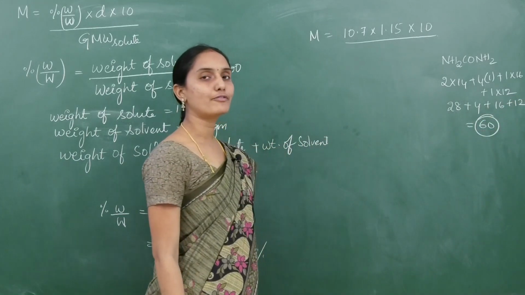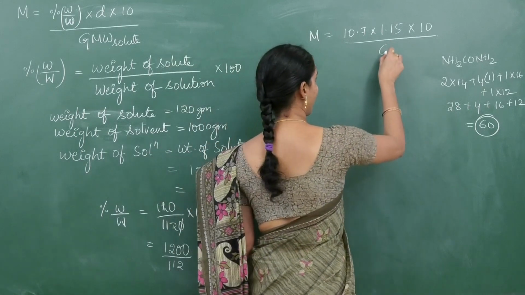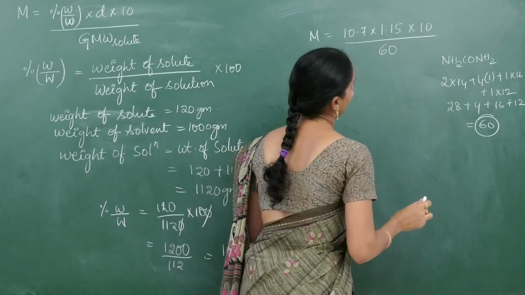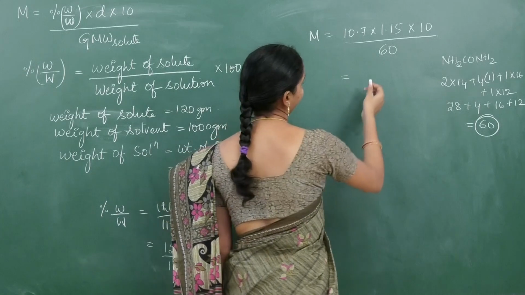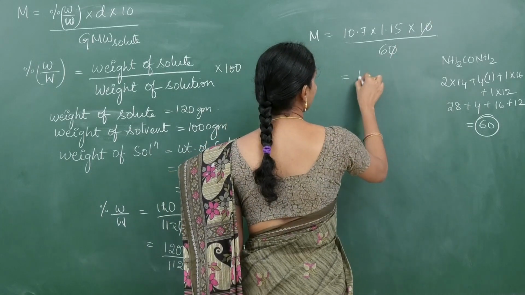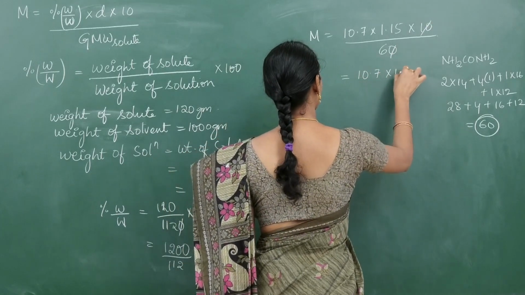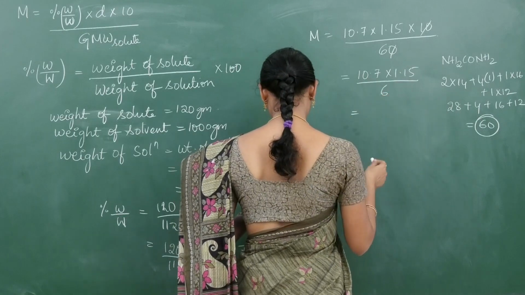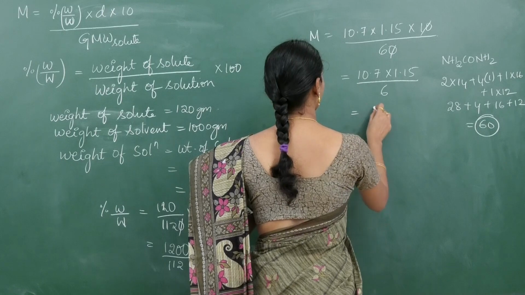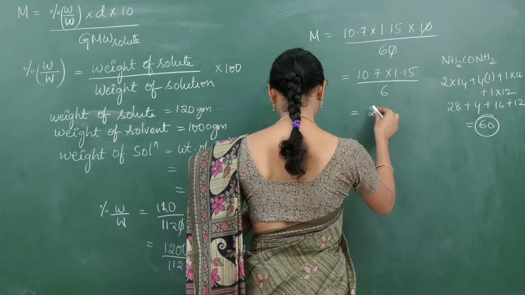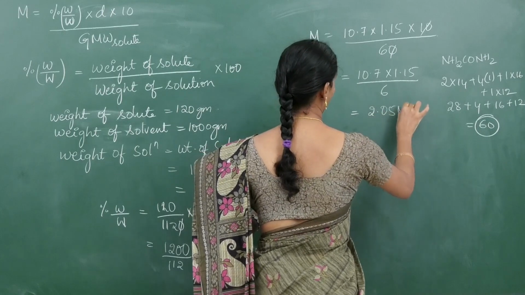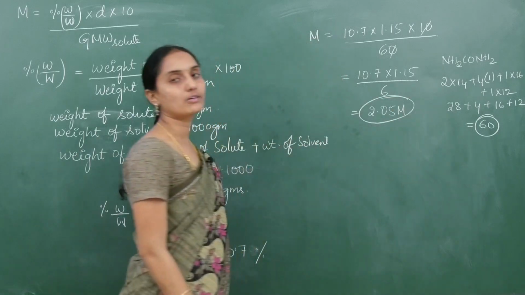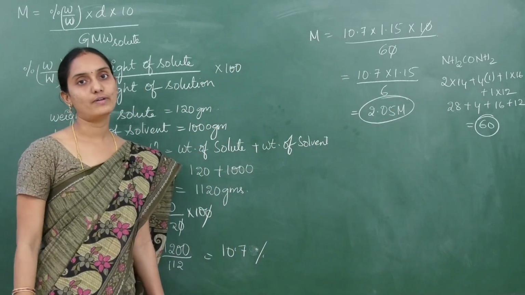So the molar mass of urea is 60. So upon 60 you have to do. If you calculate, the 10 will get cancelled. So 10.7 into 1.15 divided by 6 you have to do. So the answer you will get is 2.05 molar.